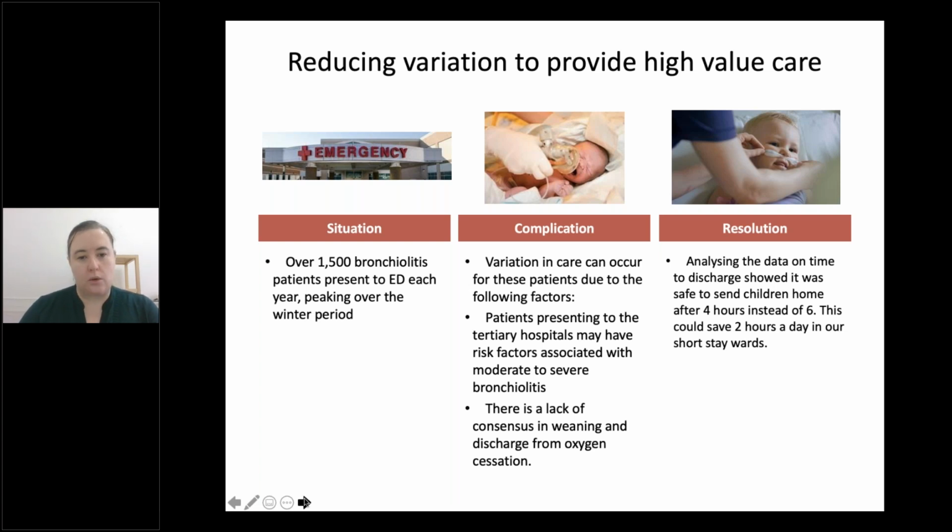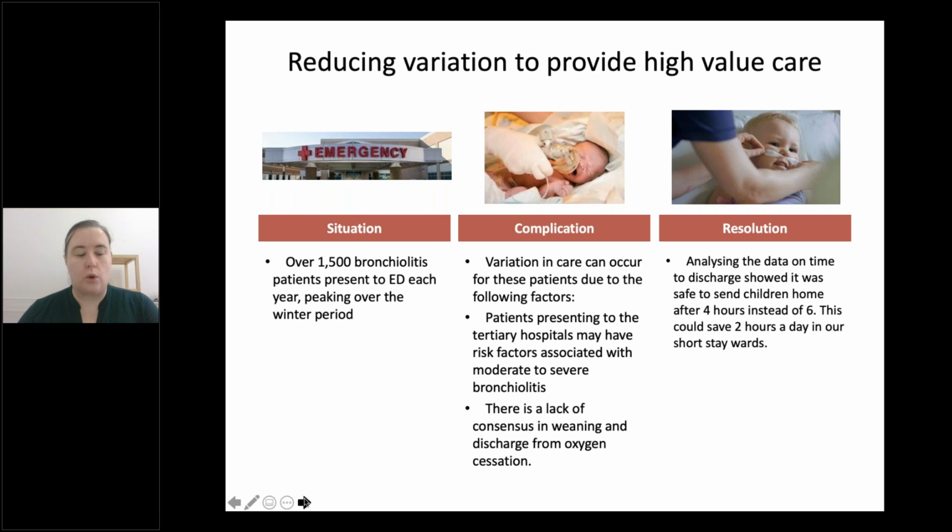So we got out all of the data, we analysed it, and we were able to categorise patients by low, moderate and severe bronchiolitis. What came out of that study was that we were probably overprescribing MPAs, and we also weren't very good at weaning children off oxygen and discharging them at an appropriate time.